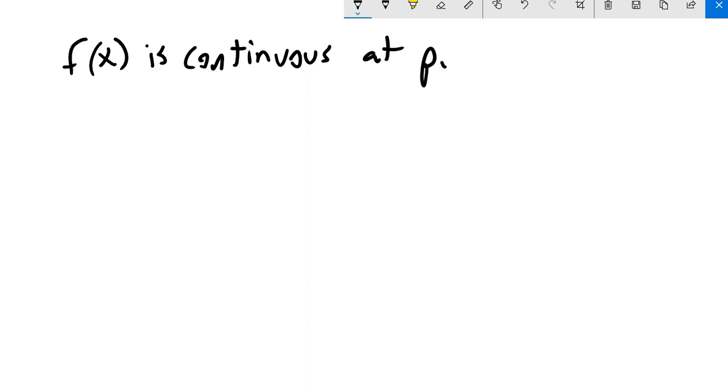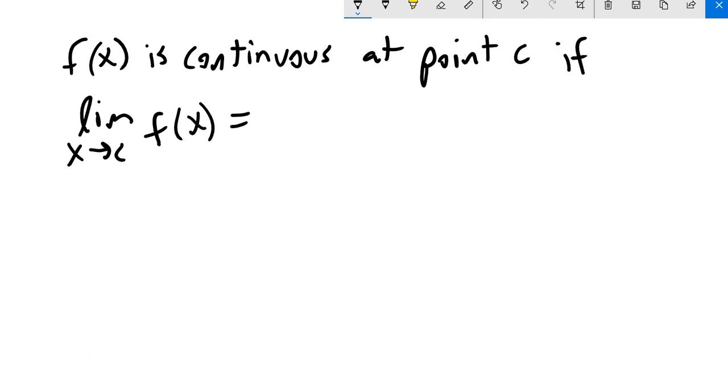So a function f of x is continuous at point c, and point c is on the real line, if the limit as x approaches c of f of x equals f of c.